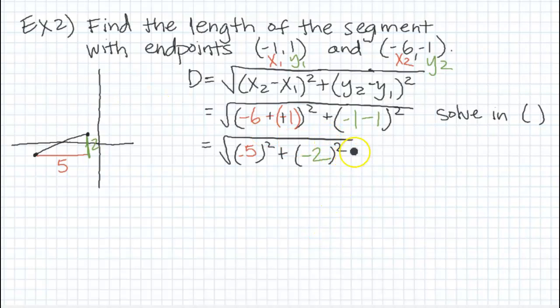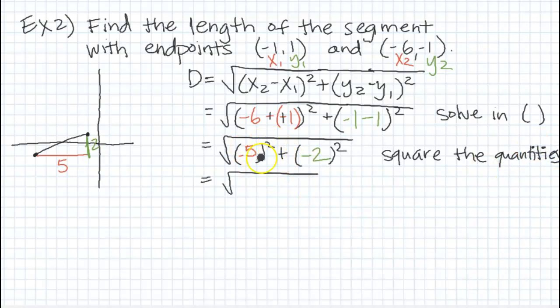Squared. Now, always in the distance formula, if I solve my parentheses and I get a negative here, after this step, I will no longer have negatives. What is the step? It is to square the quantities. Okay, so I'm doing that, raising that exponent of 2.